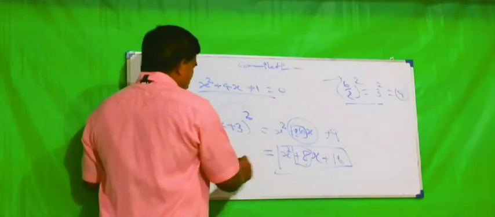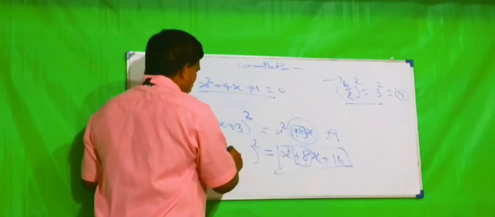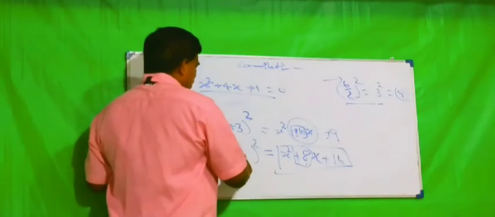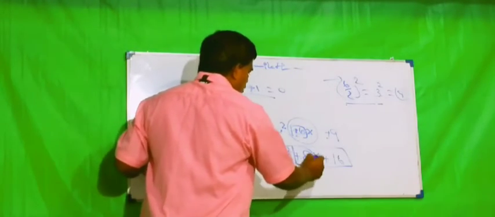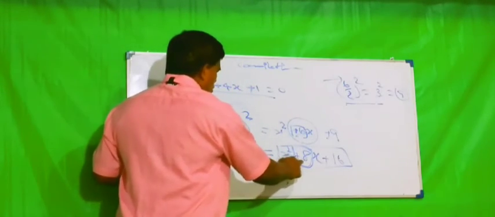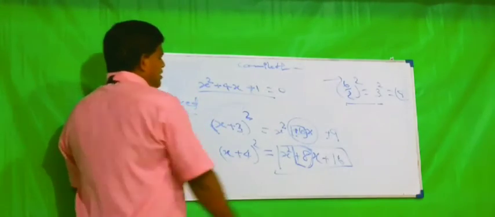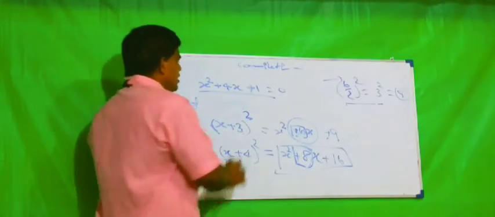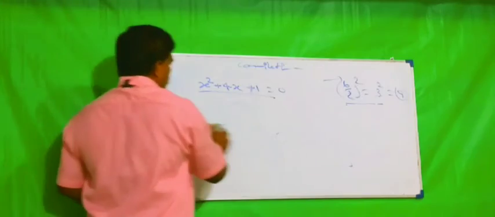And then if we write the completed square, because the square term is x squared, the first term is x, then the second term is half of the coefficient, which is 4. So this is the completed square and its expansion. And you should remind yourself of this method.